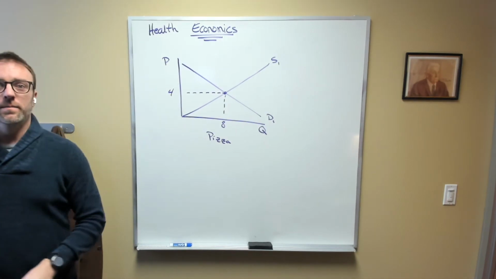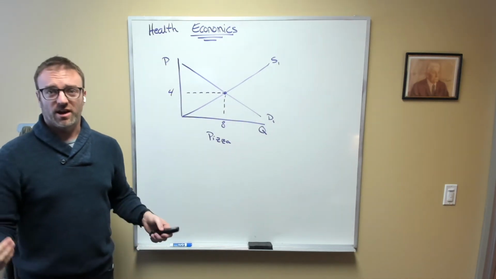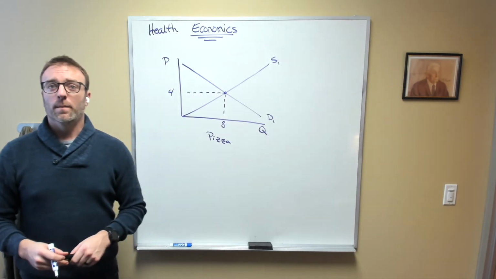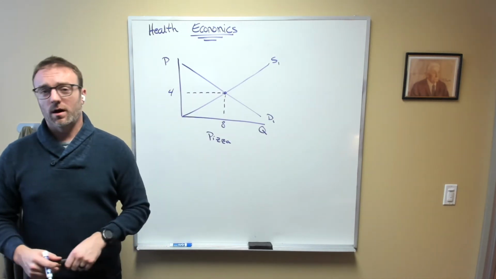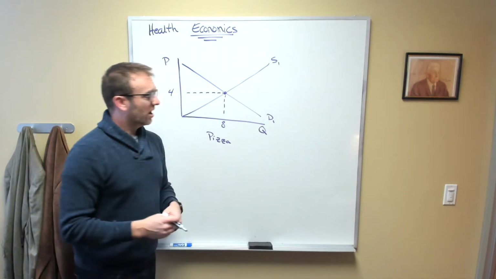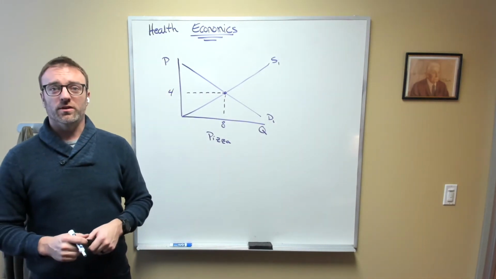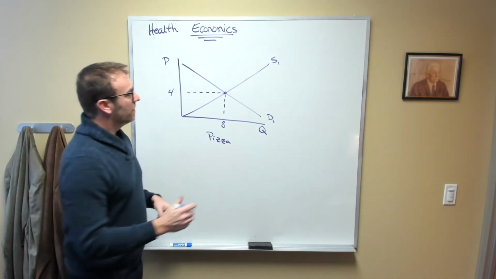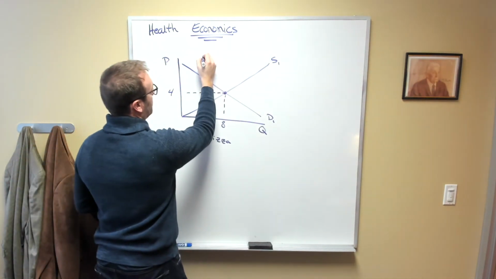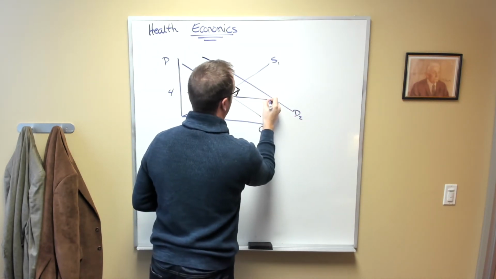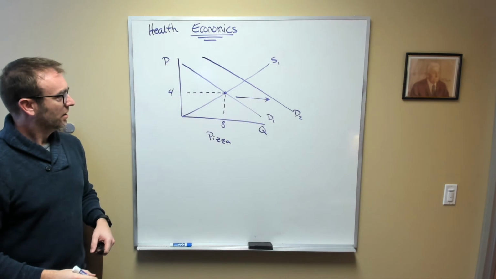Okay, so what happens if, for example, college students decide that they want to buy more pizza, perhaps over a homecoming weekend or a big party? Well, if the consumers of pizza are changing their behavior, then we shift the demand curve. So in this case, the demand curve would shift to the right, okay?